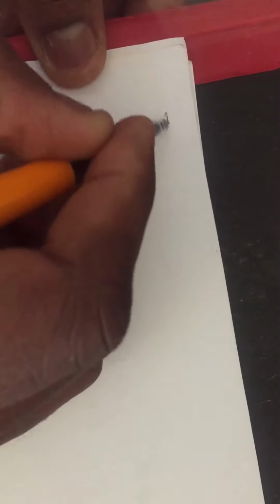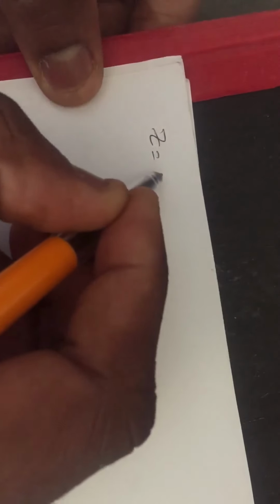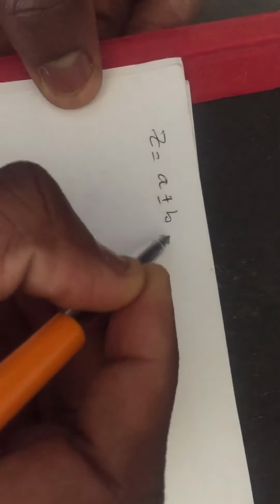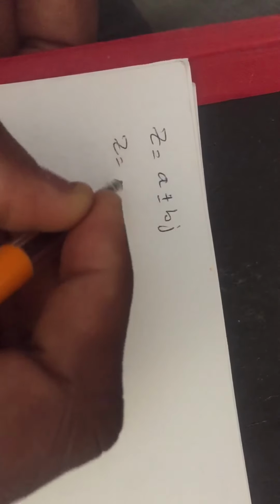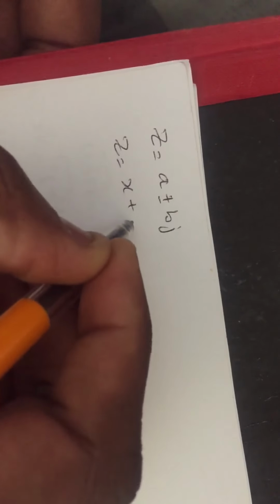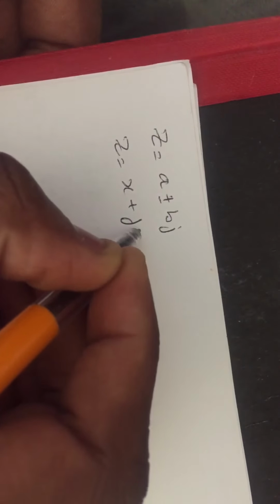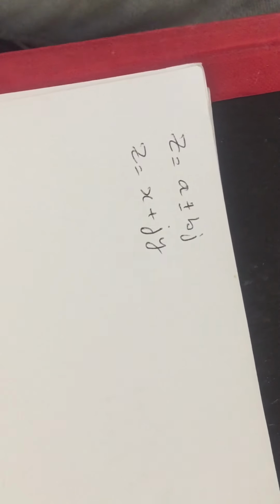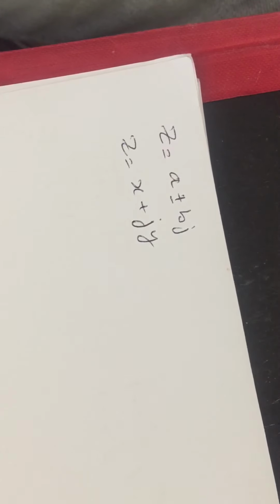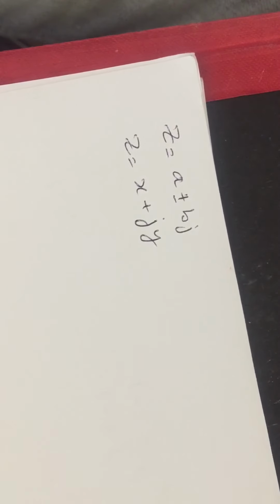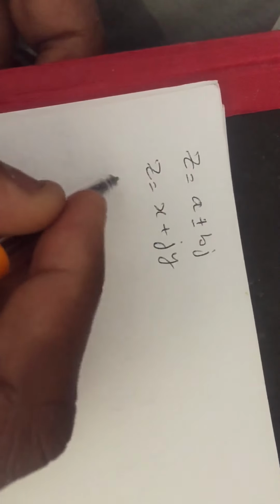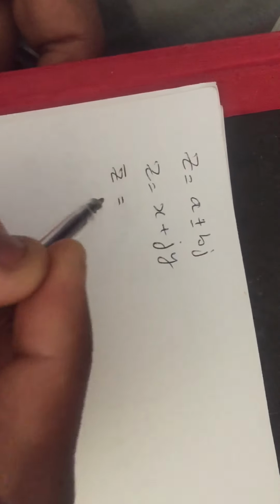We know that a complex number is z equal to a plus or minus bj, or like this, we can write it like this. Now if they ask you to find the conjugate of z, it's written z bar.